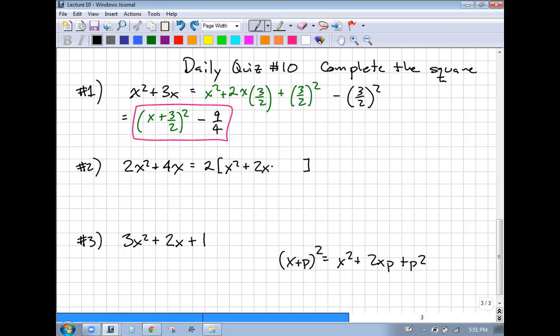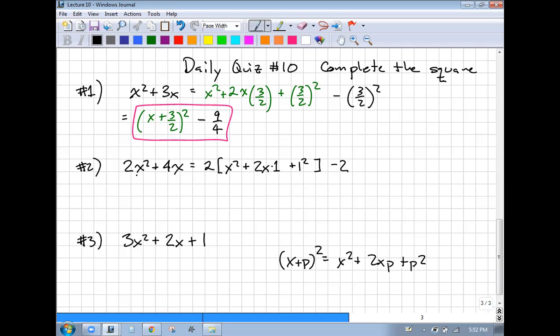I'll write this as 2 times 1. Right? What I really need is a 1 squared here. But I can't just put that there unless I also subtract it. 1 squared is 1. I multiply it by 2. So I just added 2 in there. So I better subtract 2. Okay.